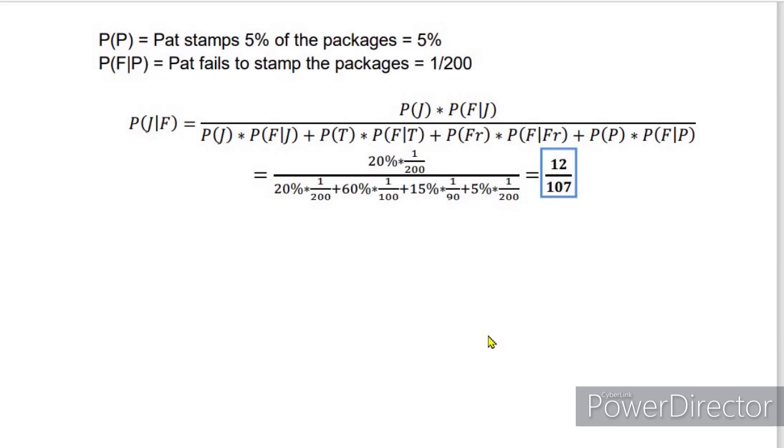All over the probability of J multiplied by the probability that John fails, plus the probability of T multiplied by the probability that T fails, plus the probability of Frank multiplied by the probability that Frank fails, plus the probability that Pat stamps times the probability that Pat fails to stamp. So whatever is being asked in the question is found in the numerator. Substituting all the data that we got and simplifying, we get 12 over 107. So that is the answer.